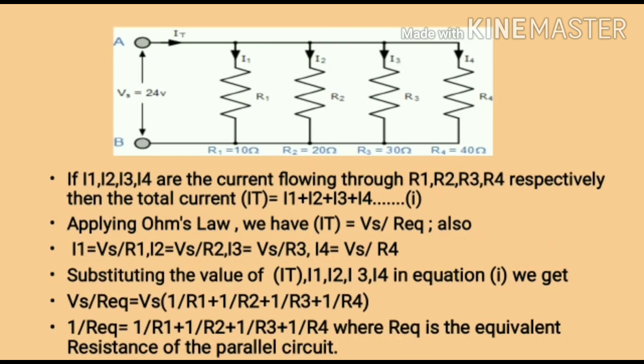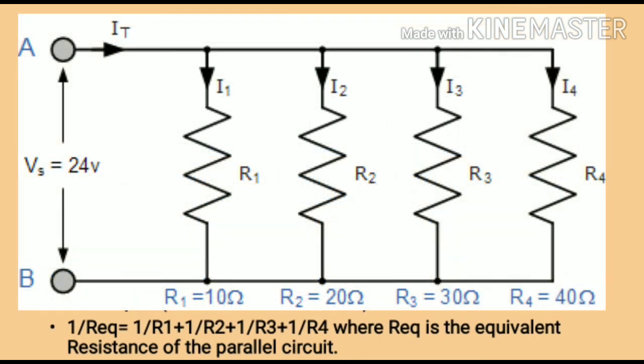In the figure, if I1, I2, I3, I4 are the currents flowing through R1, R2, R3, R4 respectively, then the total current IT equal to I1 plus I2 plus I3 plus I4, which is equation 1.